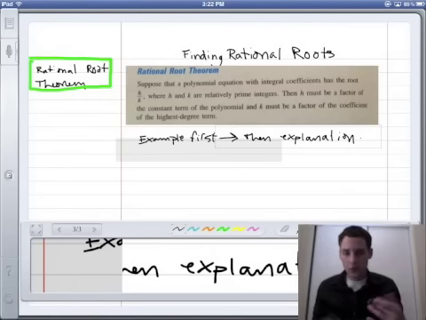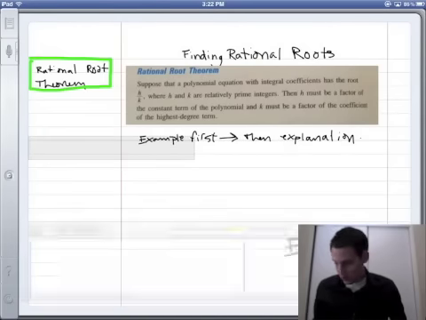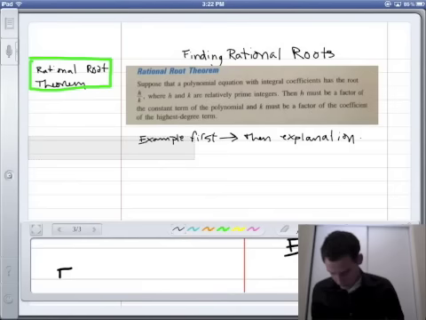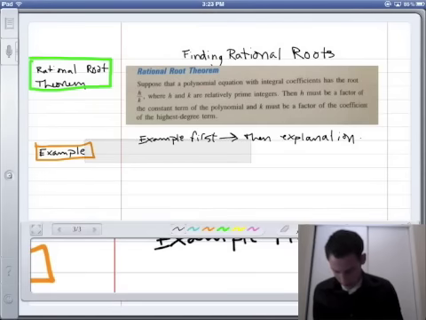So I'm going to be just showing you what this theorem means so that you can use it. So the example, direction here, example. We'll have directions like this.